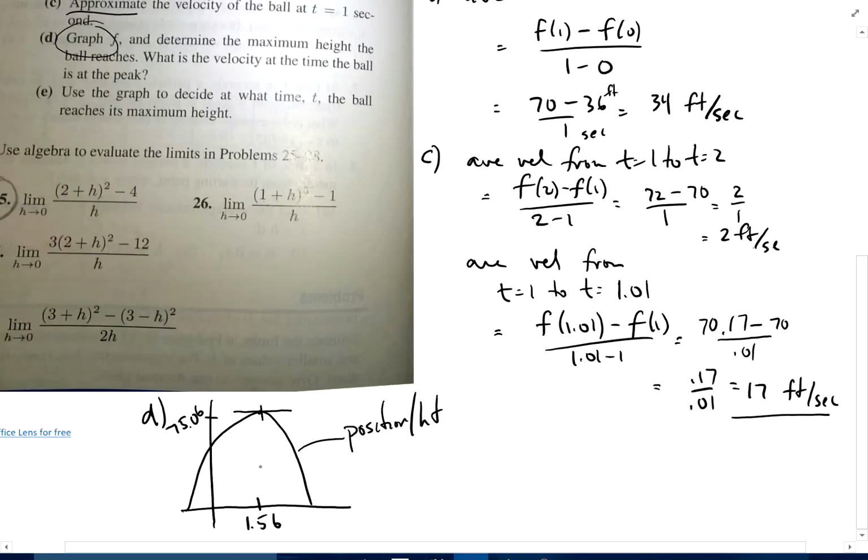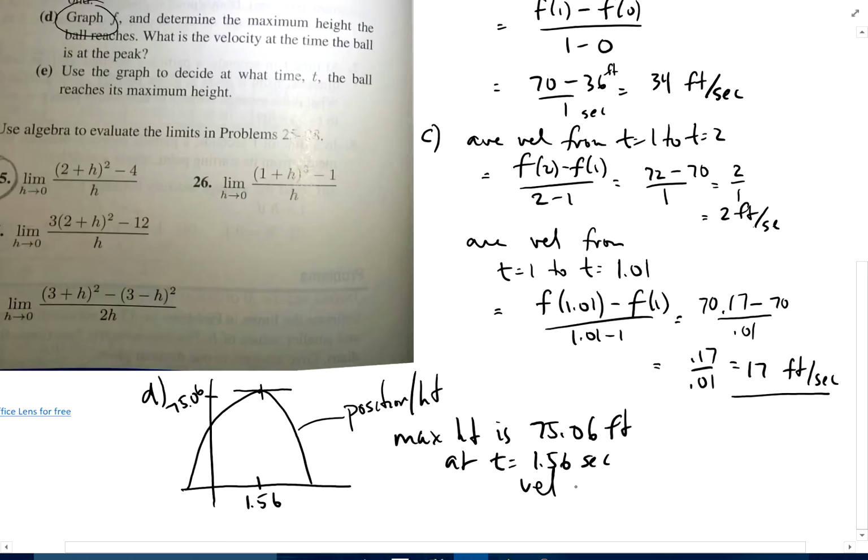So the max height is 75.06 feet at t equals 1.56 seconds, and the velocity at that point is zero.